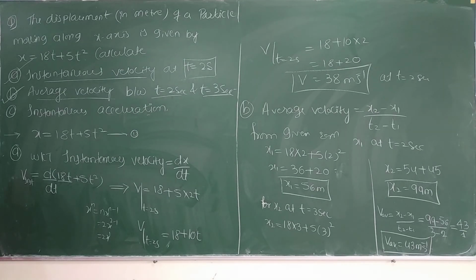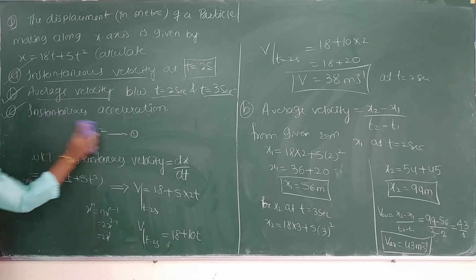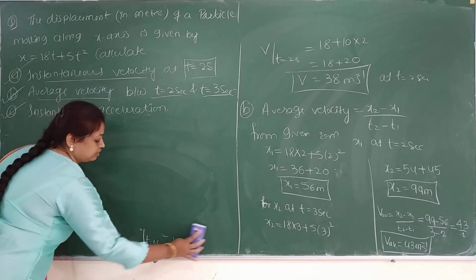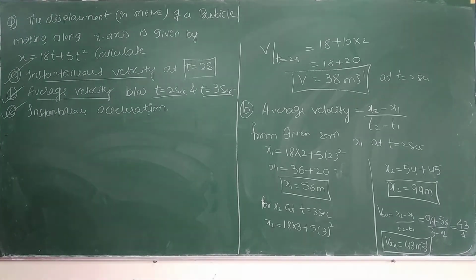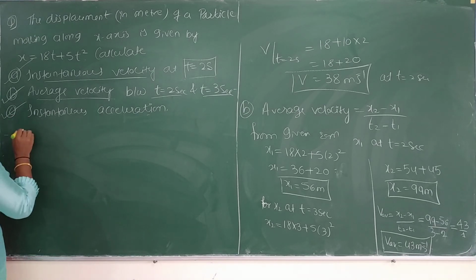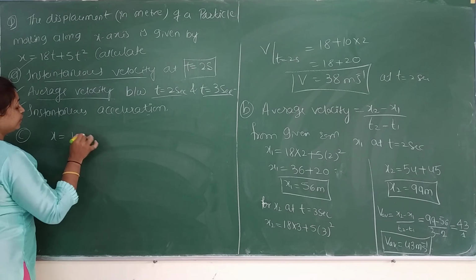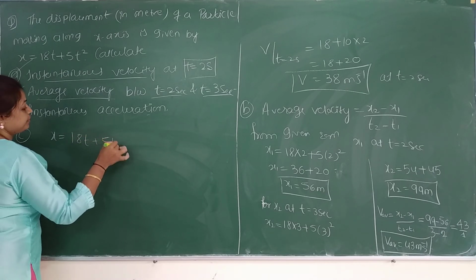Next, one more thing, you have to calculate instantaneous acceleration. I will write here only. To find instantaneous acceleration, see, given equation is x equals 18t plus 5t square.